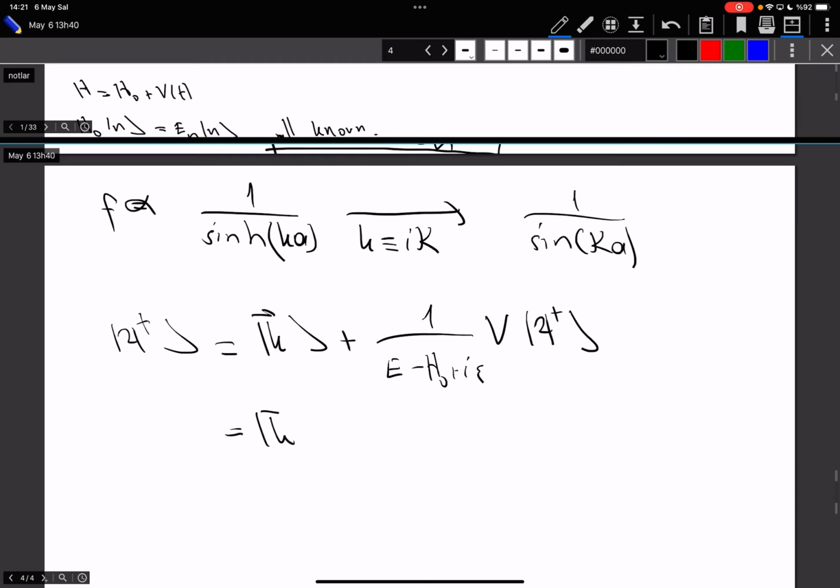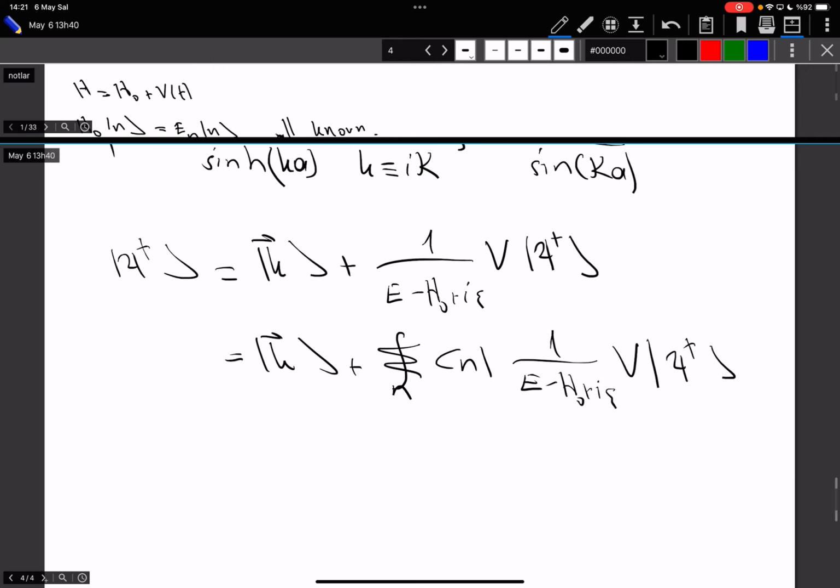But this I can also write as plus a sum over all the eigenstates, all the energy eigenstates, sum or integral, and 1 over E minus H0 plus i epsilon V psi plus, or 1 over E minus E_n.